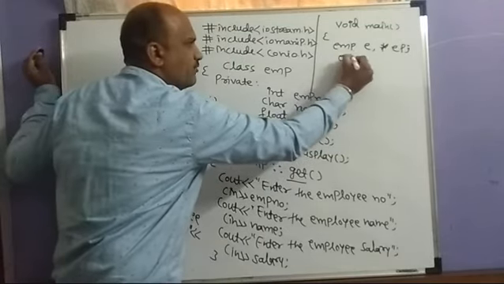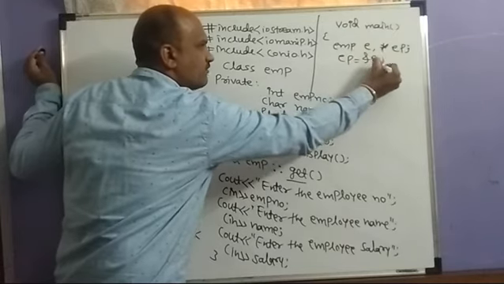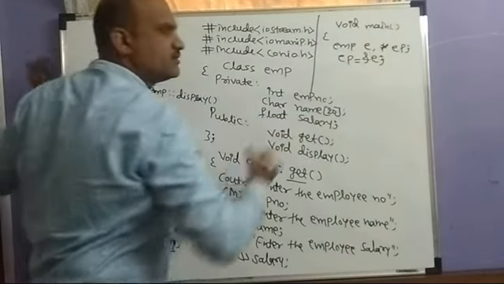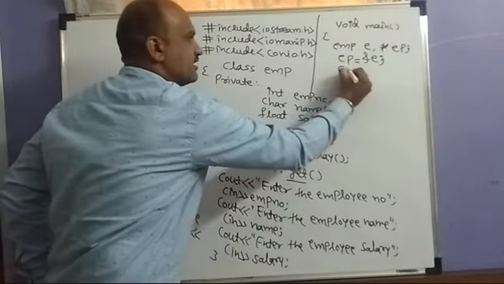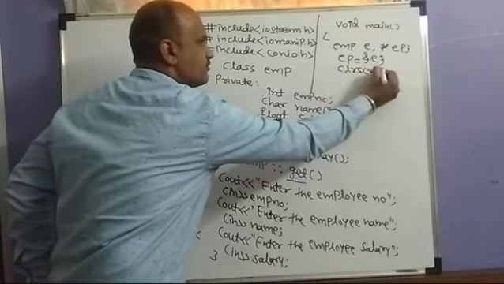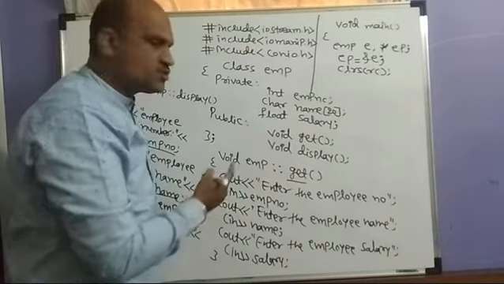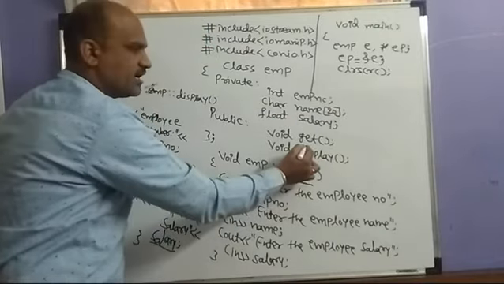That pointer object will hold the address of the object of the class. Then clear screen, as we can use. Then we can call these two functions, get and display.